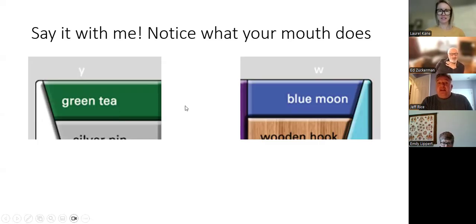Yeah, so the tongue, and lips. Good. So green tea, a linguist would refer to as a front vowel. Your tongue is near the front of your mouth, and also you're smiling. Your mouth is wide like a smile. Blue moon, your lips are circled like you're whistling, and you can feel your tongue is more in the back of your mouth.